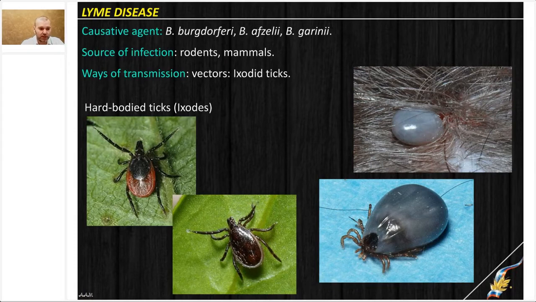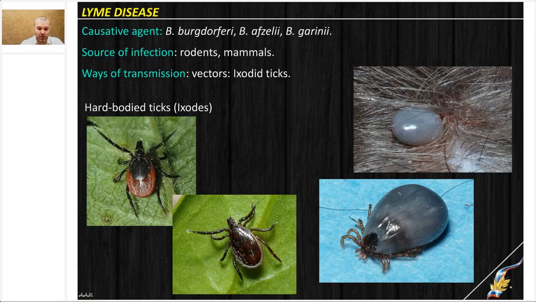So when a tick is stuck to the skin of an animal or human, in the upper right part of the slide, you can see the photo, that bluish gray bubble. It is stuck to the head of a girl, and some blood can go because ticks inject enzymes to prevent blood clotting, to suck it easier.